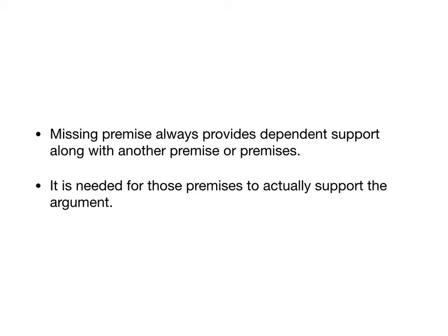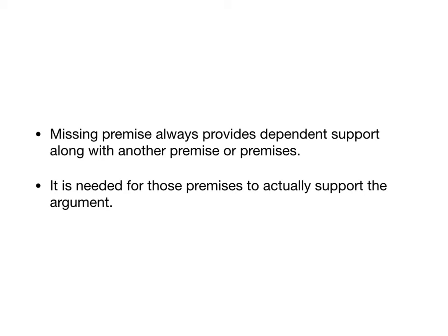So that's one way to tip ourselves off that we're dealing with a suppressed premise, missing premise, implied premise, whatever you want to call them: you'll have these premises that need another dependent one to actually support what they're supposed to. Now, spotting when an argument has a missing premise is not really the tricky thing. It can be a little tricky, but I think usually when we start thinking about it, we can see when an argument makes a jump.